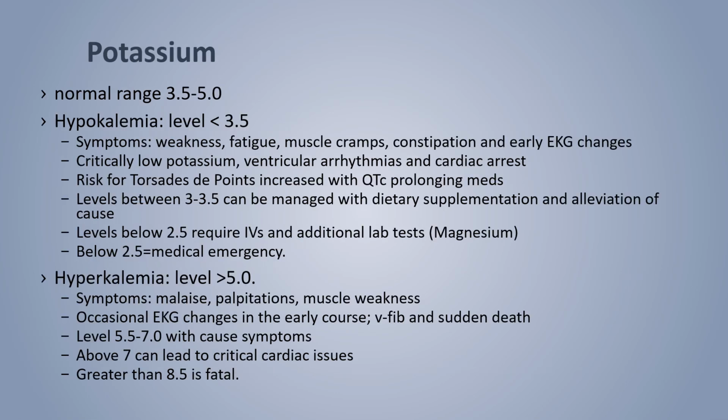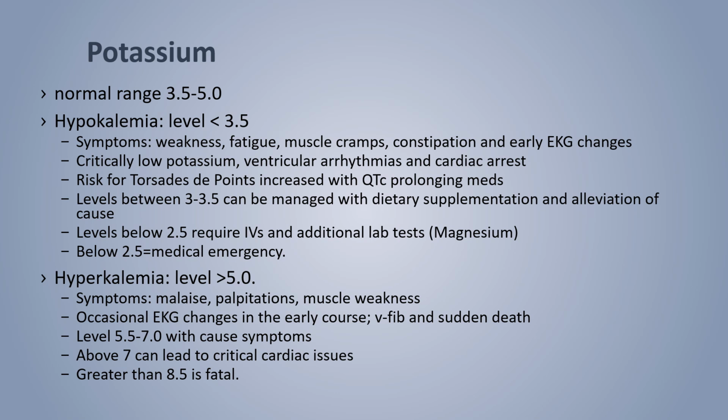Now, potassium. Potassium is really important. Not any more important than anything else, but it's something that we do need to consider with a lot of our medications, because it can impact cardiac rhythm.